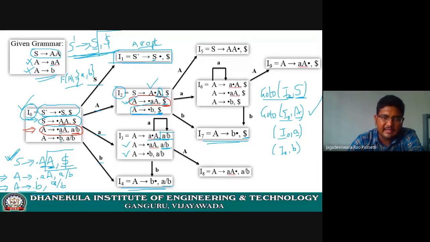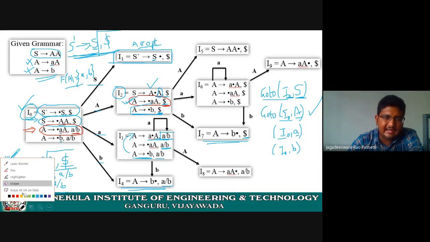Similarly, go for A tends to dot B. We are going to calculate the look ahead symbol. Again, it depends upon its previous. Previous means this particular production was added due to this one. That is the meaning of previous, not its previous step. Am I clear?